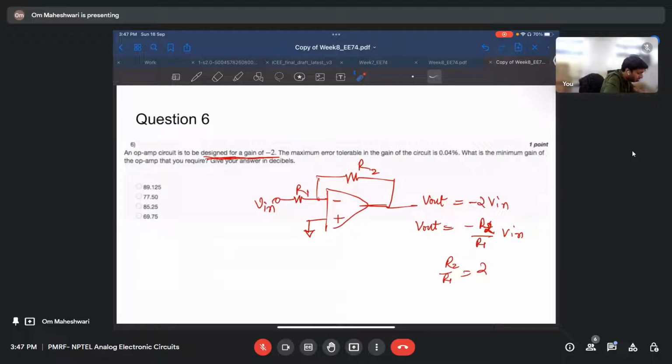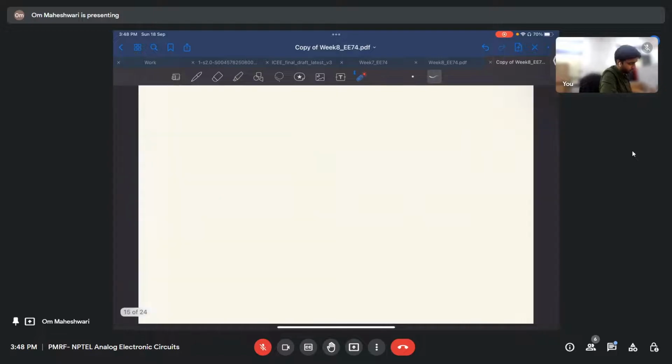Ideally we were considering this internal gain to be infinity, but now we cannot. If it was infinity, only then could we have considered this as a virtual short. But now they are saying that it is finite. So let's say that gain is k.